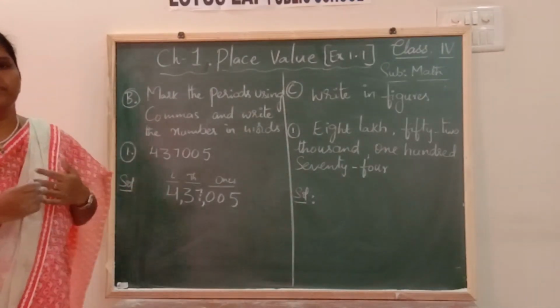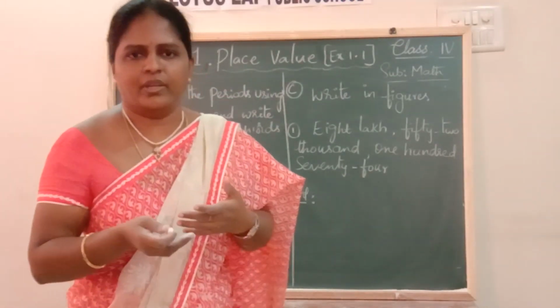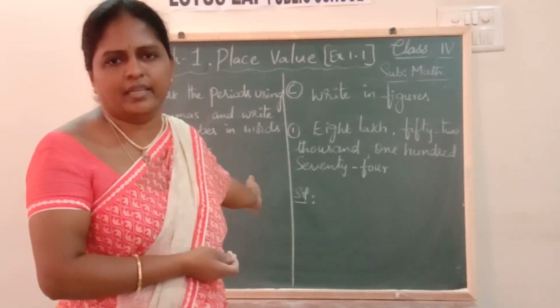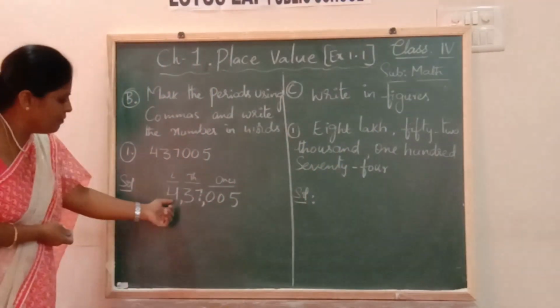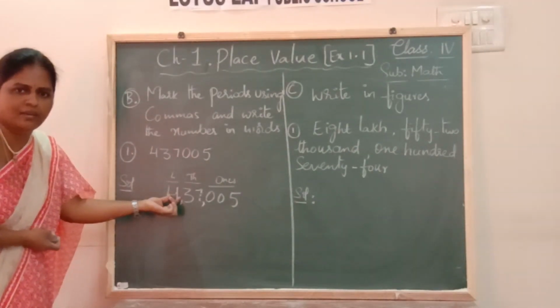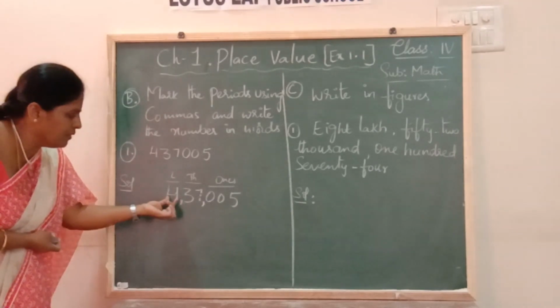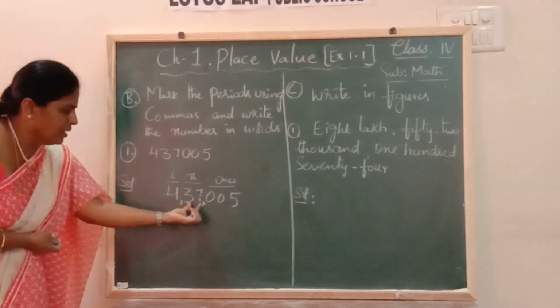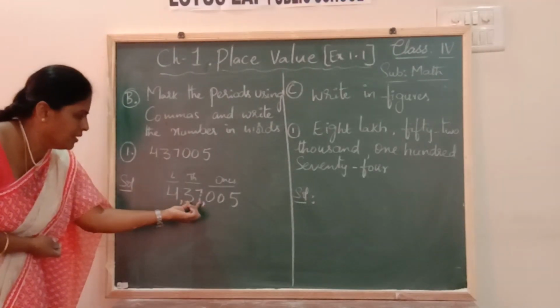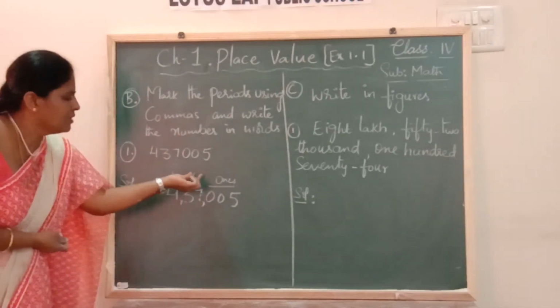Okay, so here how do I write this number? Before writing the number, children, you read the number for yourself. The way you are reading, the same thing you will be writing here. So look here, 4 is in the lakhs period. Period-wise you read the number. 4 lakhs. Then read the 2 digits under the thousands period together, 37 thousand.